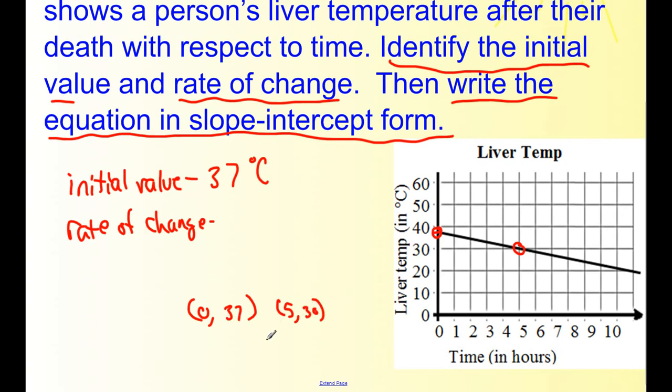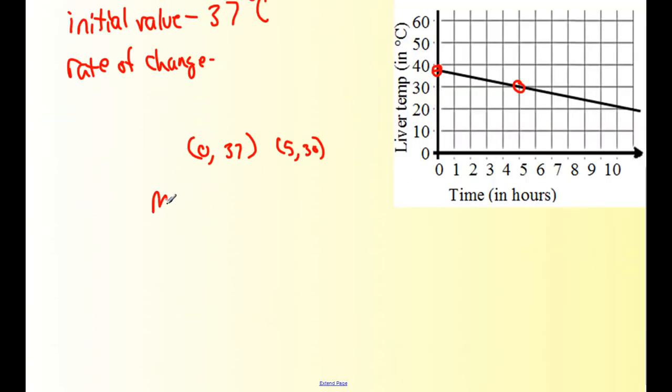And from those two points, we could find slope using our slope formula, which is m equals y2 minus y1 over x2 minus x1. So we've got x1, y1, x2, y2. This is the x and y value of the first point, x and y value of the second point.